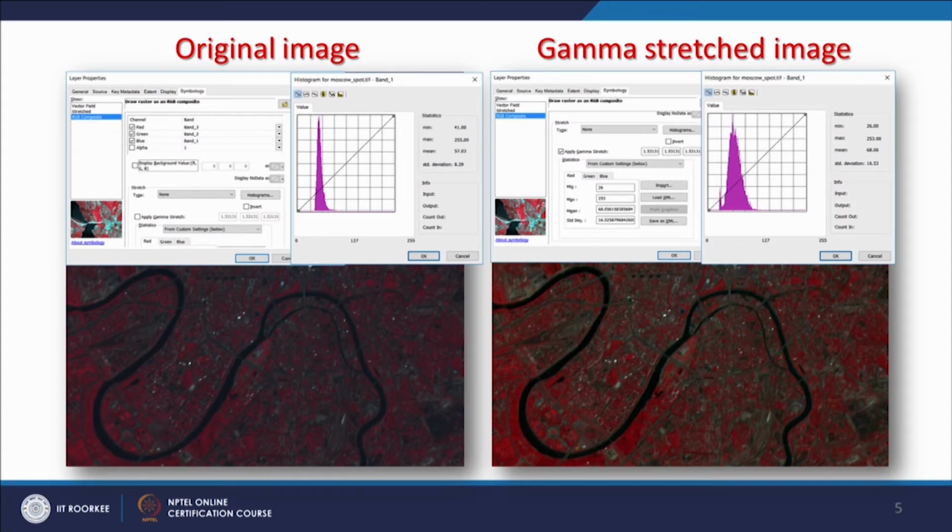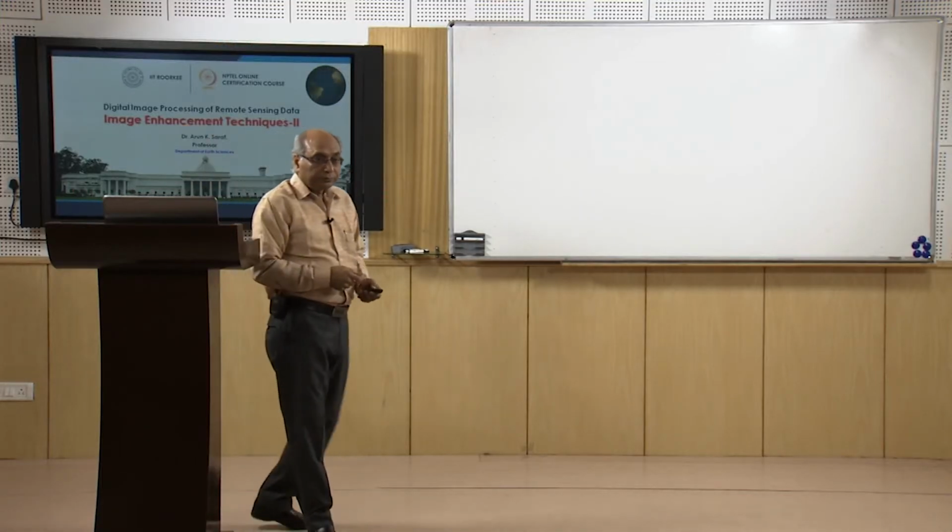Now instead of starting at a minimum value of 41, we have 26, and the maximum value is of course 255. On the right side of the histogram, values were already there, so no changes, but the contrast has improved on the lower side of the pixel values.